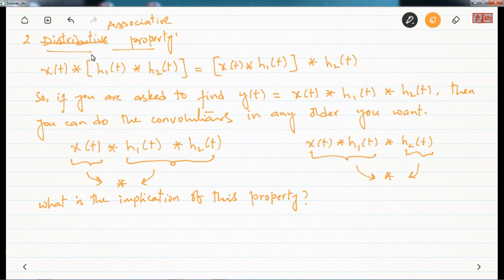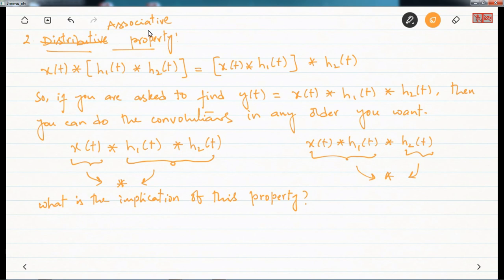Sorry. See, the distributive property is something totally different, right? The distributive property is A into B plus C is equal to AB plus AC, whereas the associative property is A into B into C is A into B multiplied by C, or A multiplied by B into C. So I'm very sorry, I just got messed up.